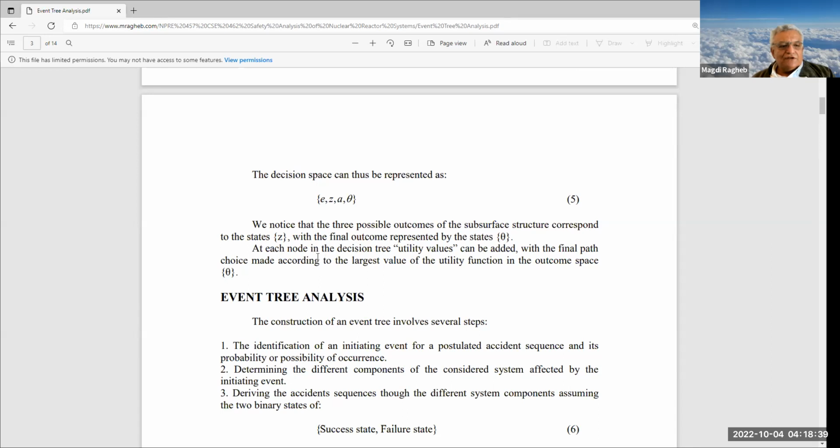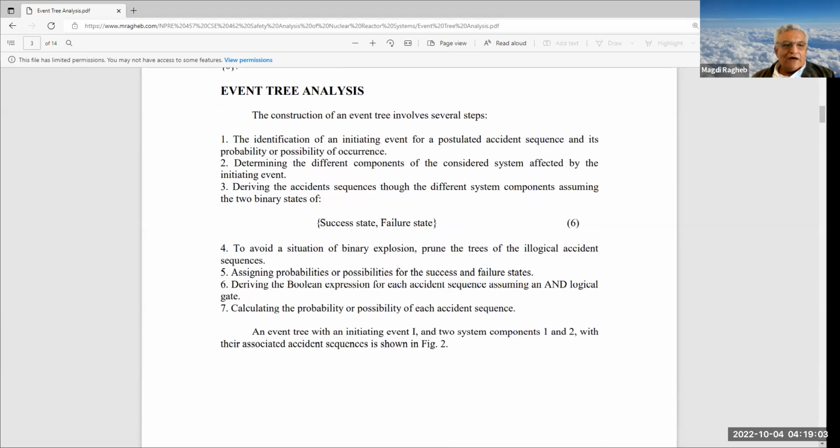As I suggested, at each node in the decision tree, you assign utility values that you can add. You don't need to, but you can add utility values depending on how much money you spend, say for a geological survey, or in the case of drilling or not drilling. All right, this concept of decision trees from operations research has been adopted in what we now call a different concept, event tree analysis.